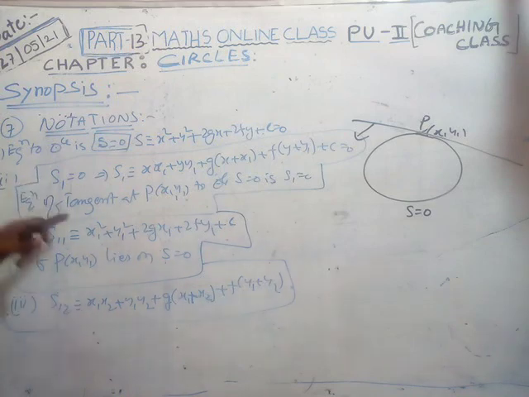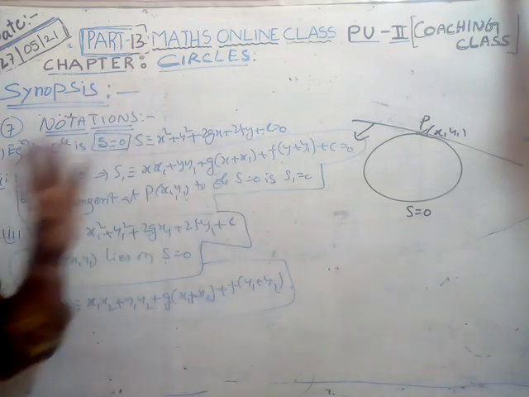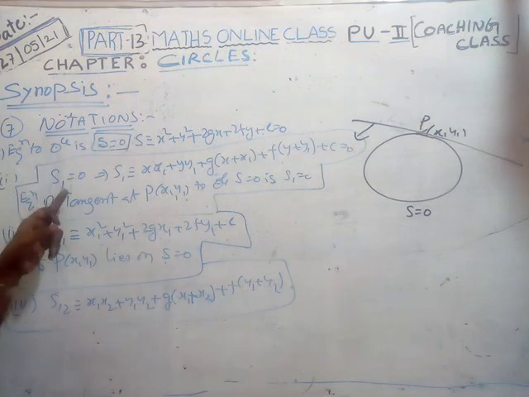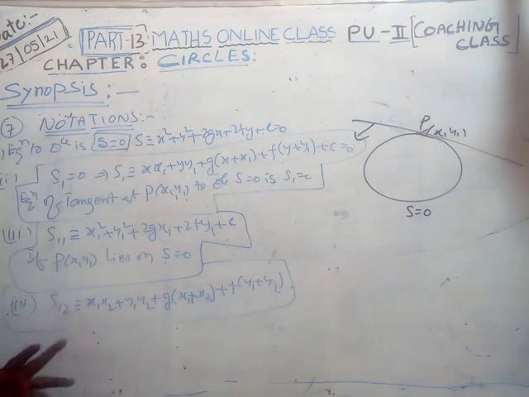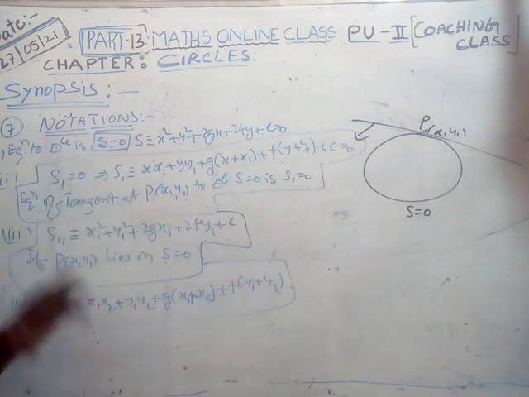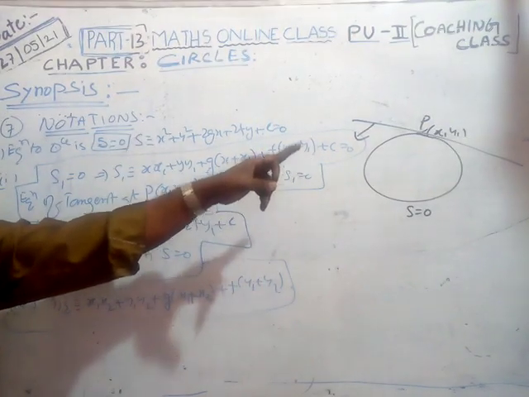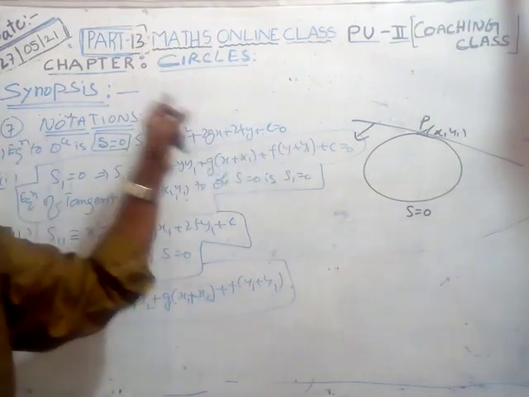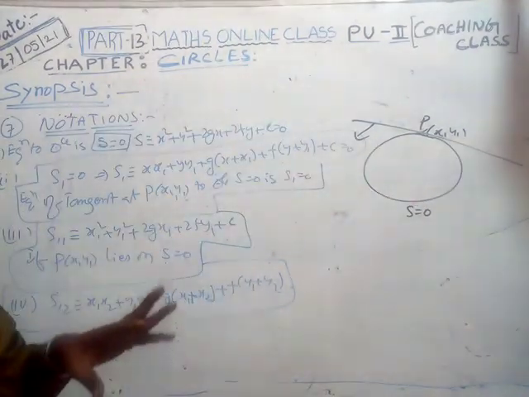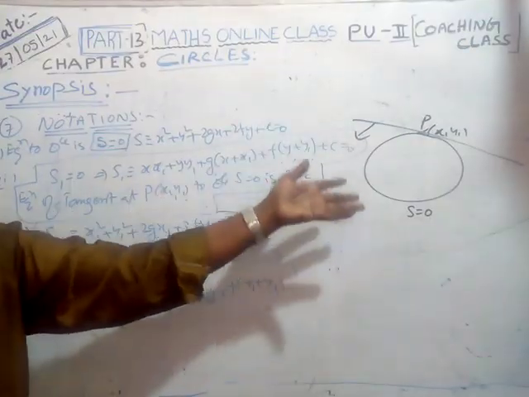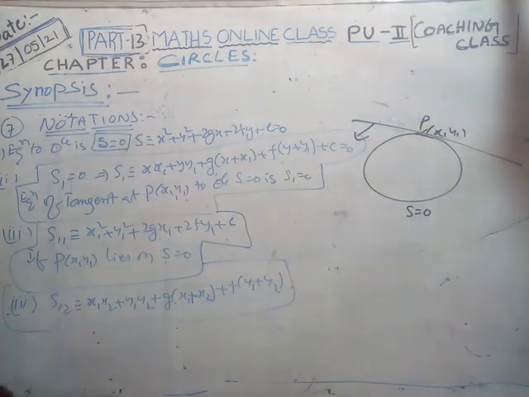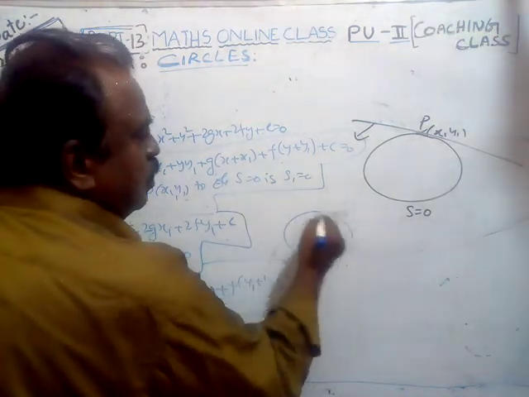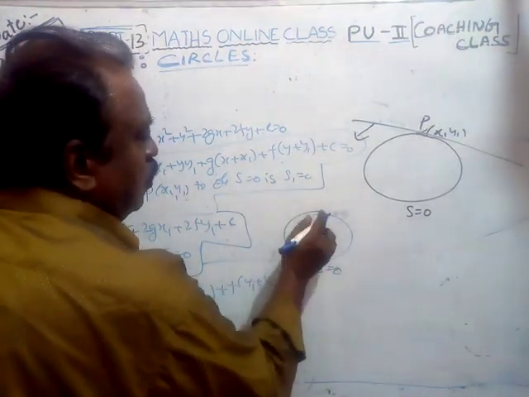The main thing is S is equal to 0, the equation to the circle. S1 is the equation to the tangent at a point. If a point lies on the circle, of course P point is lying on the circle, then we take the equation to the tangent at the point.